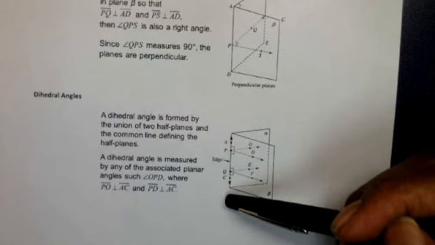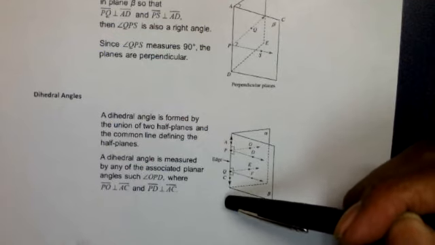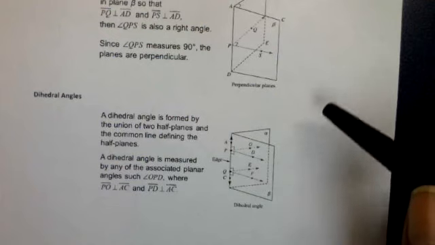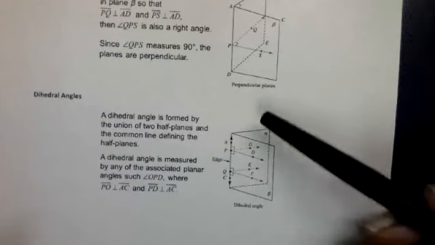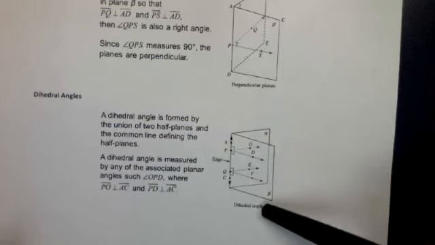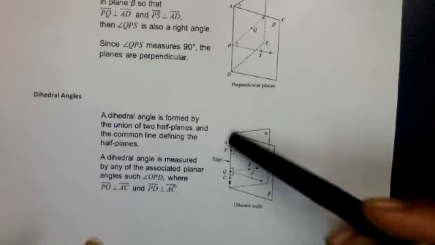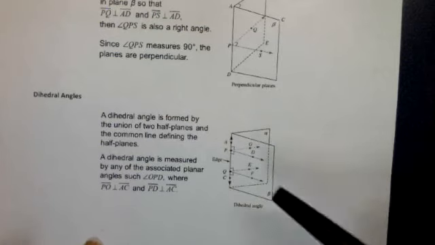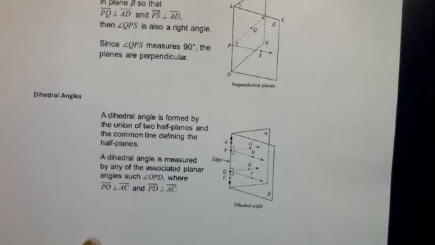Okay. So that's what a dihedral angle looks like. As we got two half planes, alpha and beta, and the common line, which is going to be line AC, and it defines the half planes.